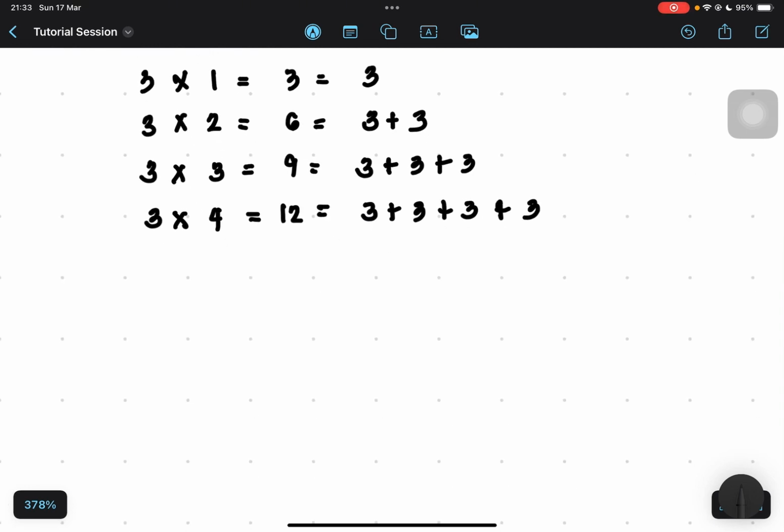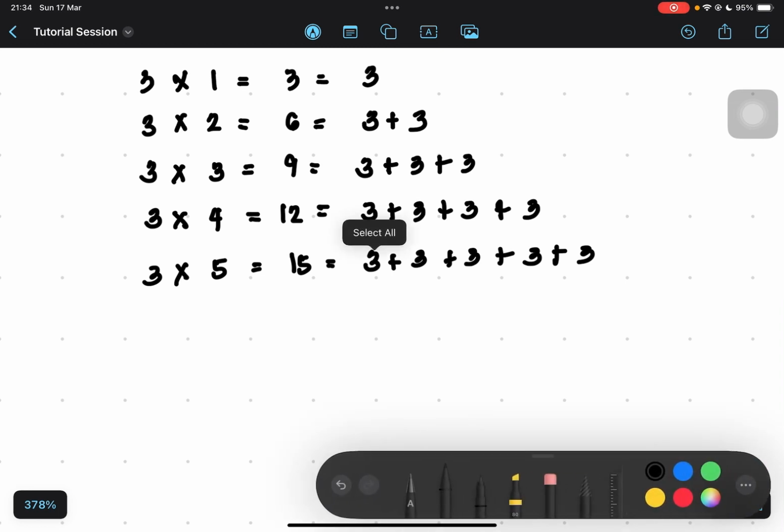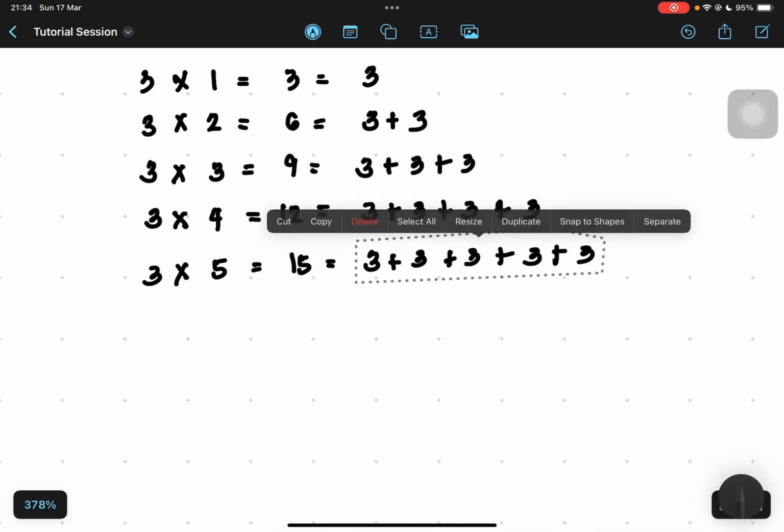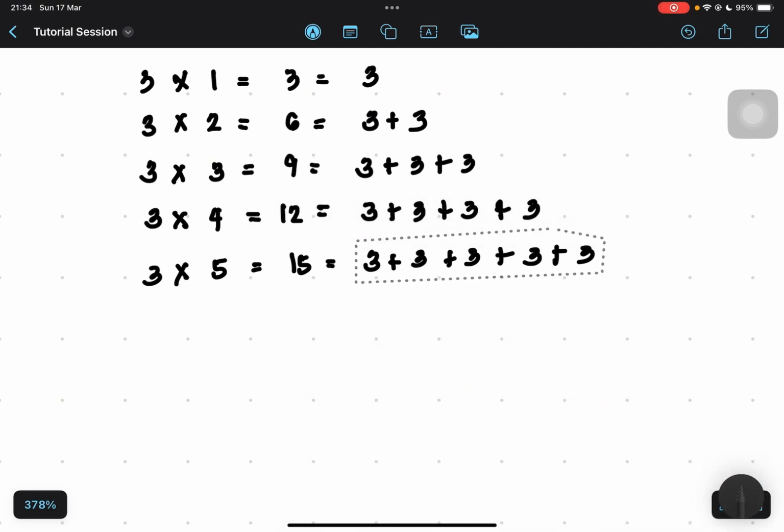Adding another 3 makes 15. So the interpretation is we add 3 five times.